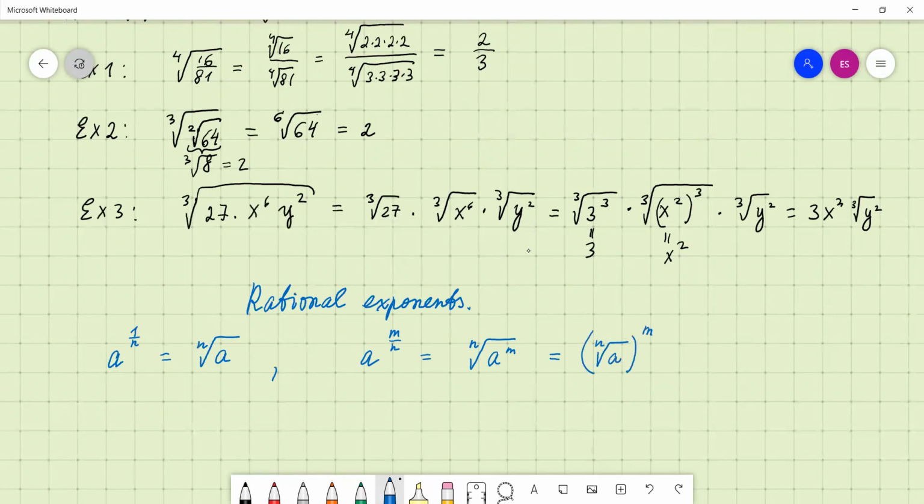You can switch them. The top is going to be the power, the bottom is going to be the radical index. And we are going to consider that if n is even, then a must be greater than or equal to 0. We're not going to extract roots from negative numbers.